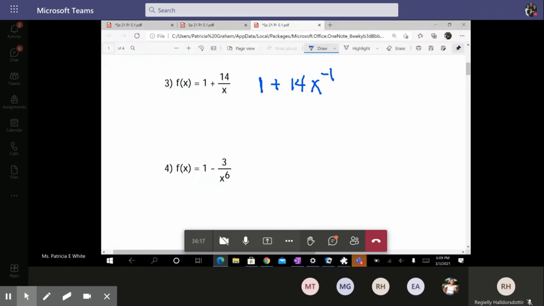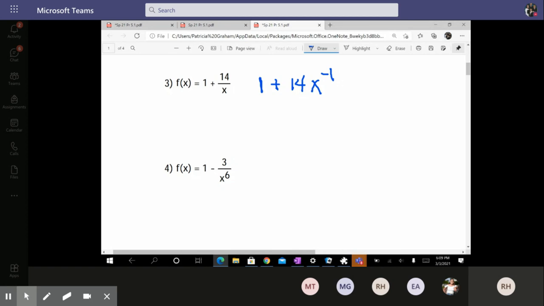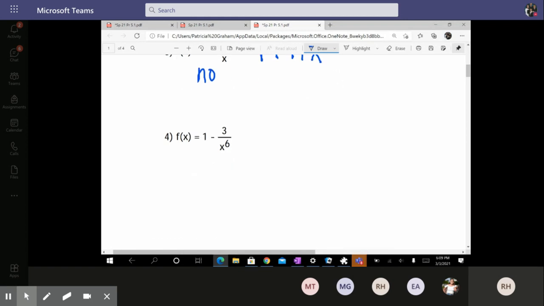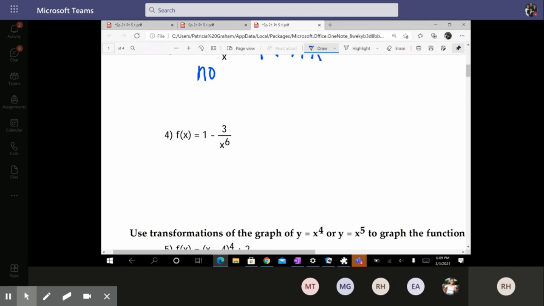Now my exponent is no longer a positive integer. So this is a no. And I chose the wrong problem for 4. I meant to have something else, but we'll go ahead and do it. This would be 1 minus 3 times, right? So that's again, no.